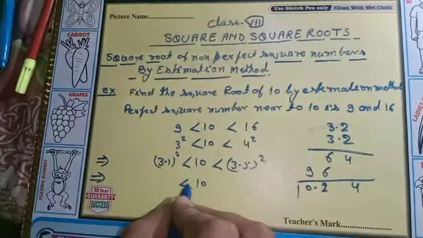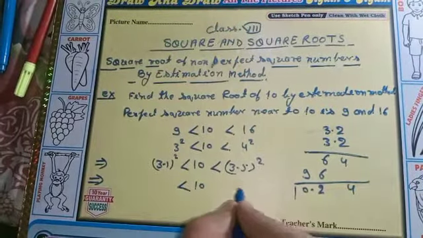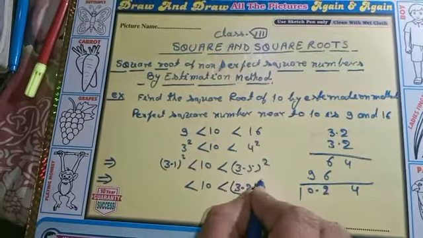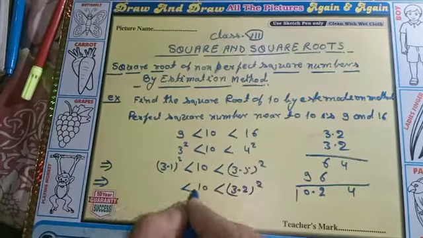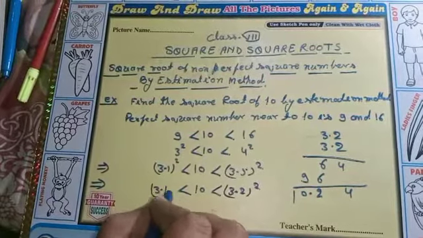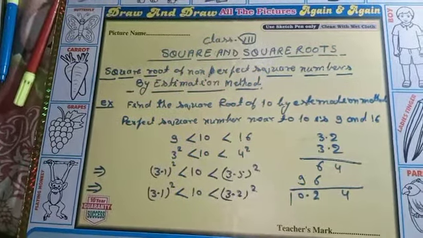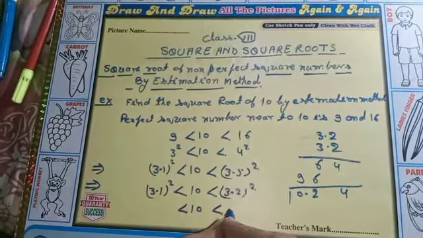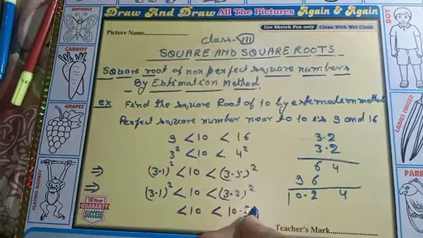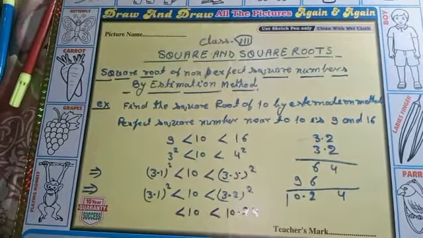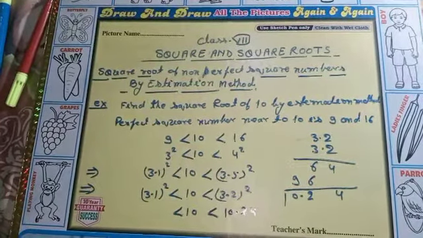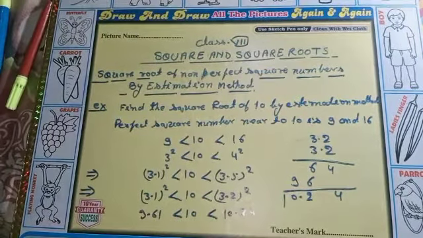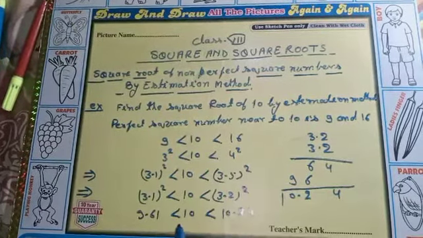This is more than 10, and the square of 3.1 is 9.61, which is less than 10. Now we check which number is nearer to 10.